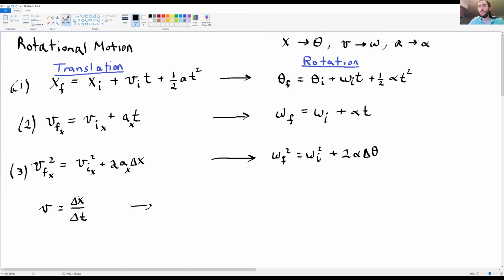Well, for omega, we have angular velocity is equal to delta theta over delta t. These are your definitions. Because we define these quantities in a similar light to how we define the translational quantities, we end up with very similar equations here. So this is a definition.